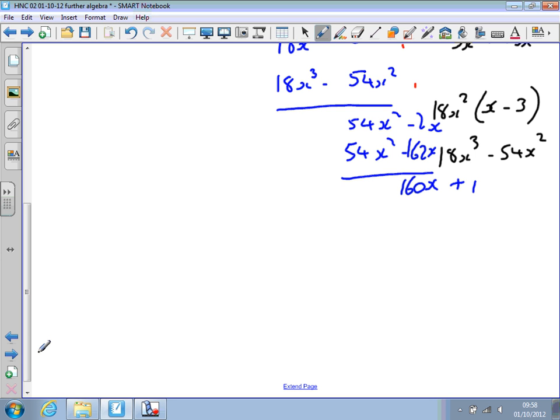So that's 160. But then it's minus 3 times 160. What's that? 480. So finally they disappear. 1 minus is plus 480, so 481. So we end up with a remainder of 481.